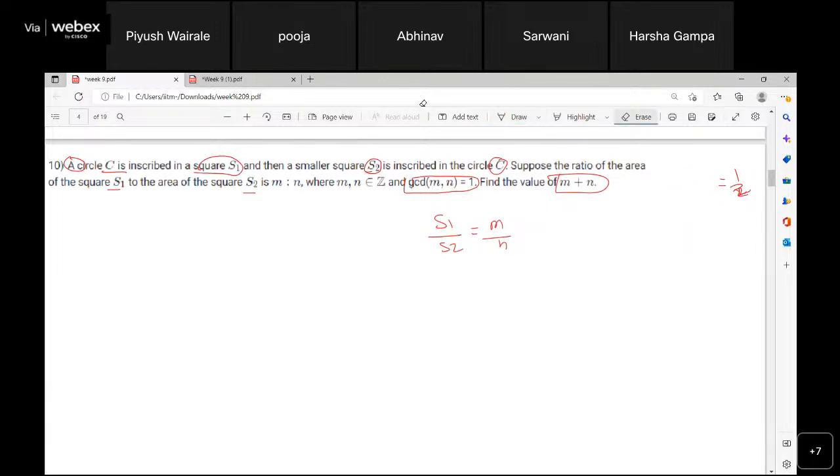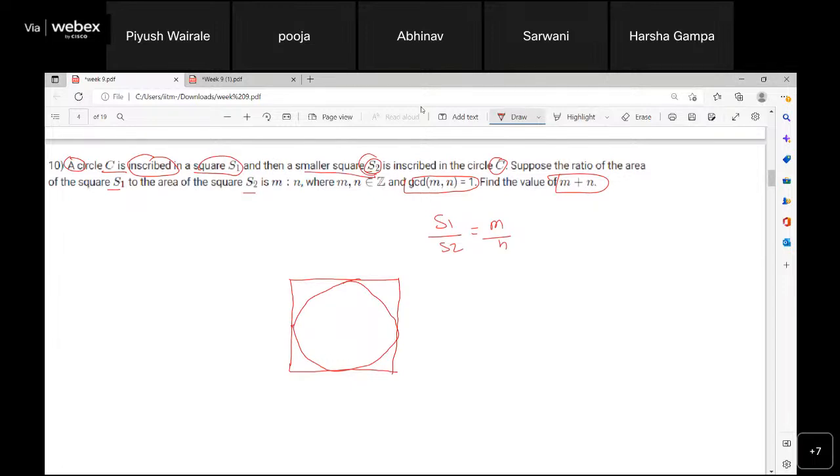So just tell me what is the value of m plus n. A circle C is inscribed in a square S1, so we have the square like this. This is the square, and the circle inside it.